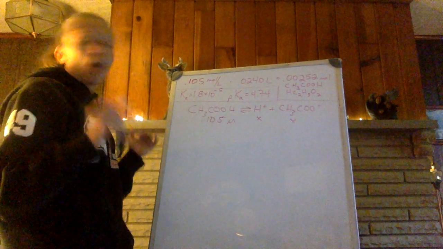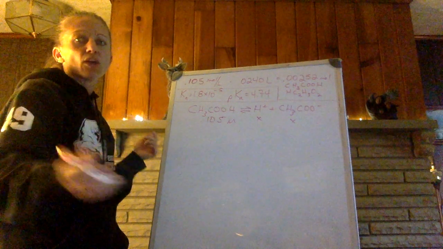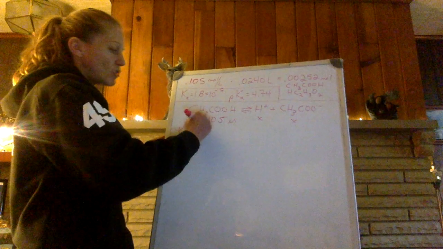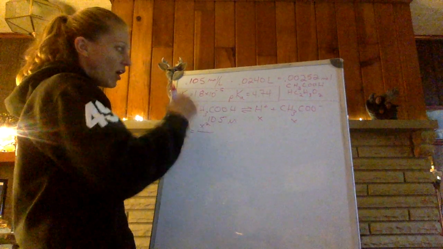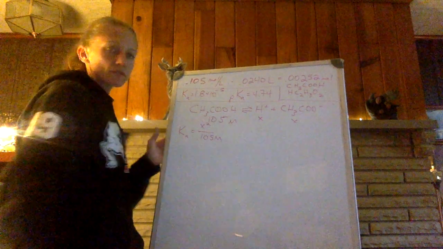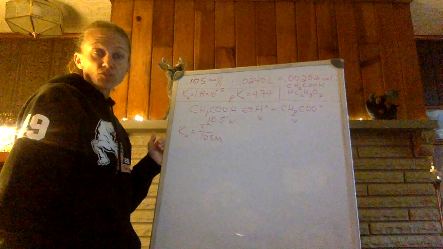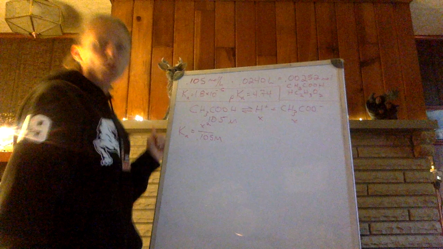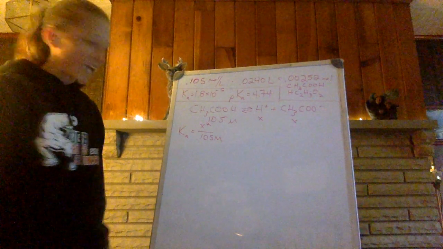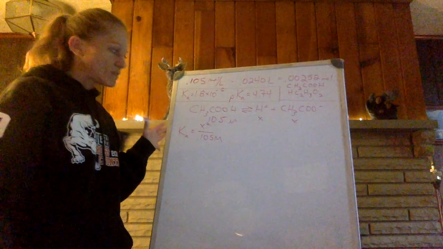So what I'm always going to be looking for here, before anything is added, is that Ka equals x squared over the concentration of the weak acid. For our problems, I can't think of any example where it would be practical for you to not ignore x with a weak acid, so you're always going to have this same setup.